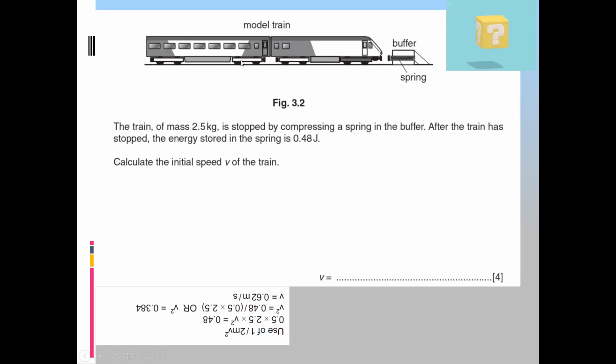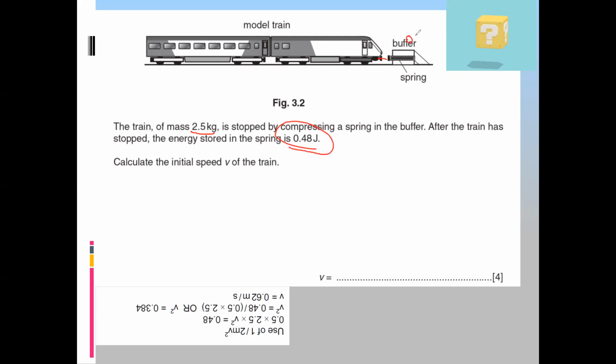Okay, in this question, a train of mass 2.5 kilogram is stopped by compressing a spring in the buffer. So these springs are there. So this train is stopped by compressing the spring. After the train stops, the energy stored in the spring is 0.48.